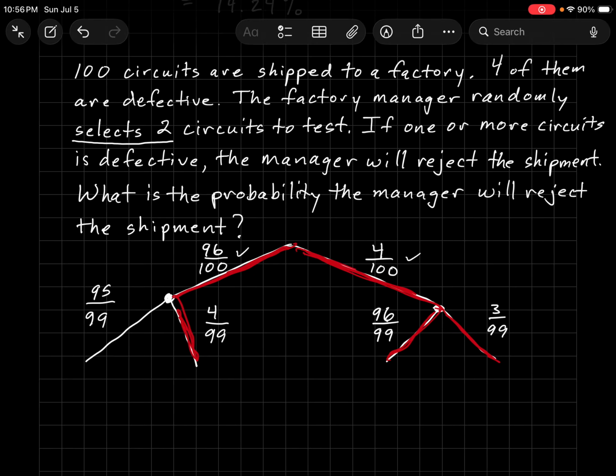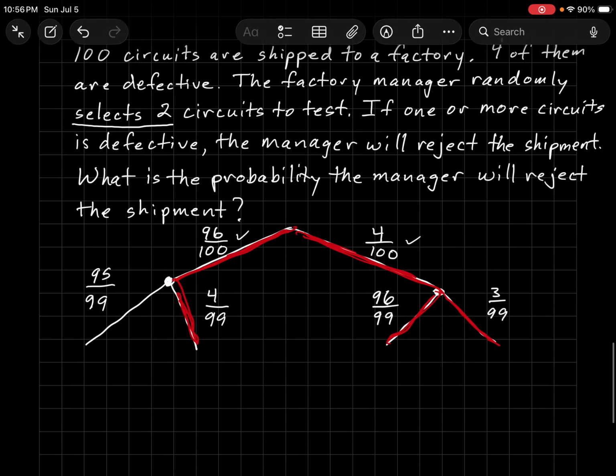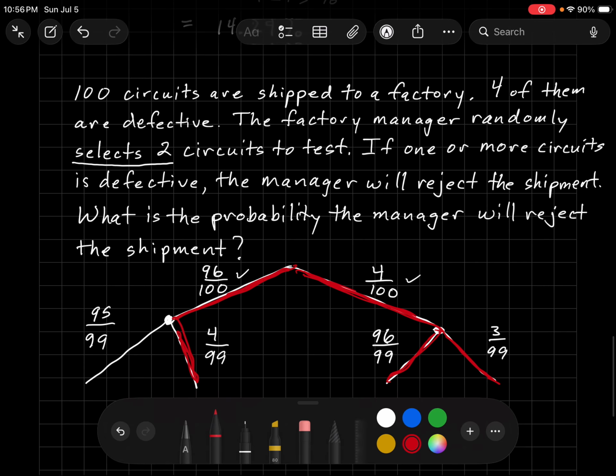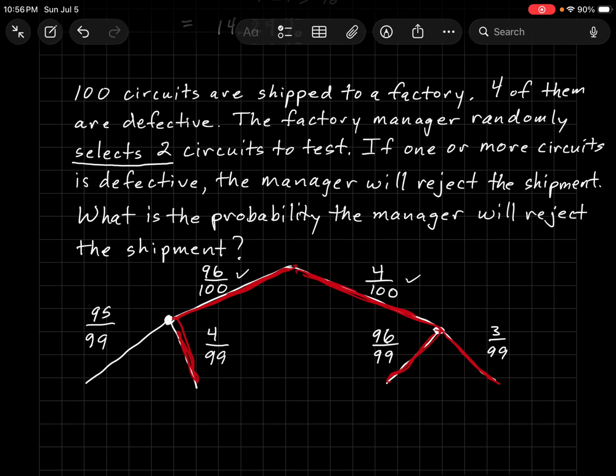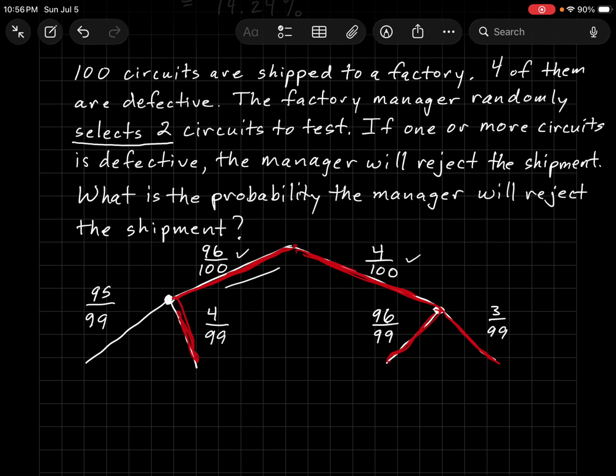So the probability of randomly choosing one or more bad circuits really could go down this branch, this one, or this one. So I could do the probability of this plus the probability of this plus the probability of the very last one. Do you see a simpler way to do this?